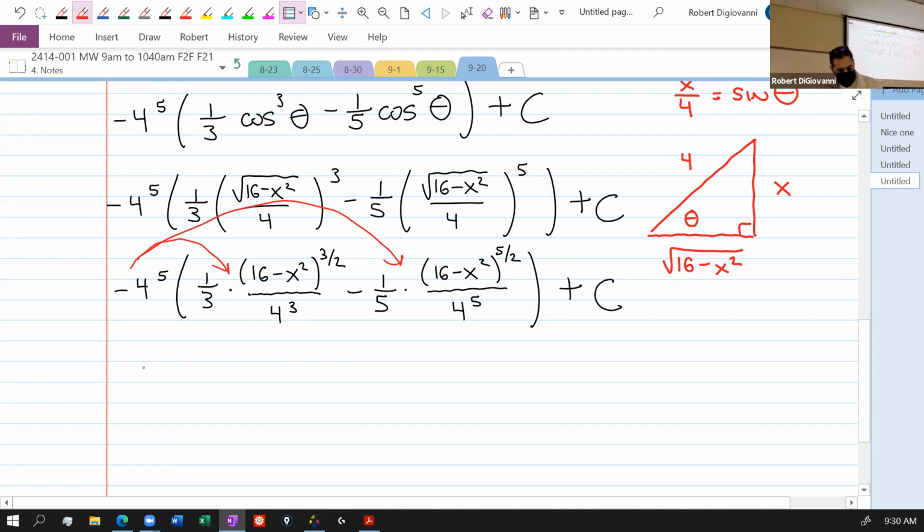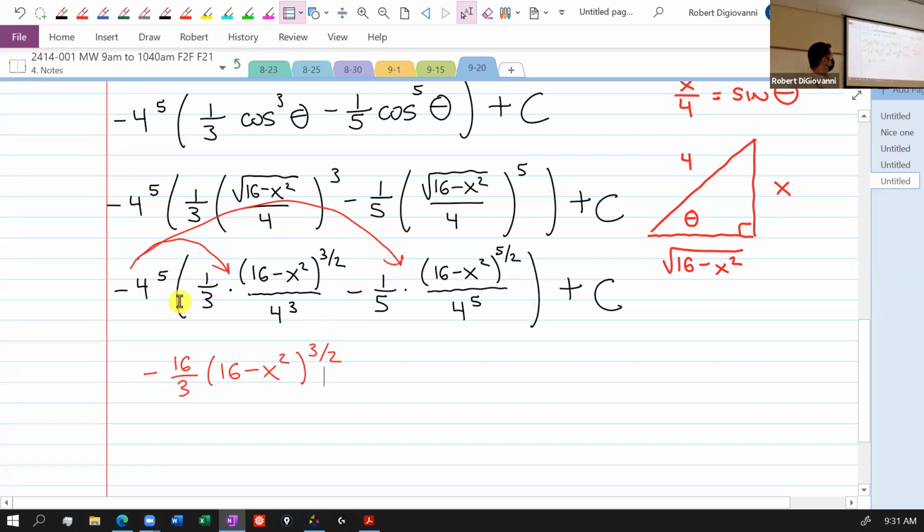So this next line is going to be my final answer, I think: negative 16 thirds times 16 minus x squared to the 3/2. That's the first distribution through. What about on the next distribution? 4 to the 5th is going to cancel completely, aren't they?